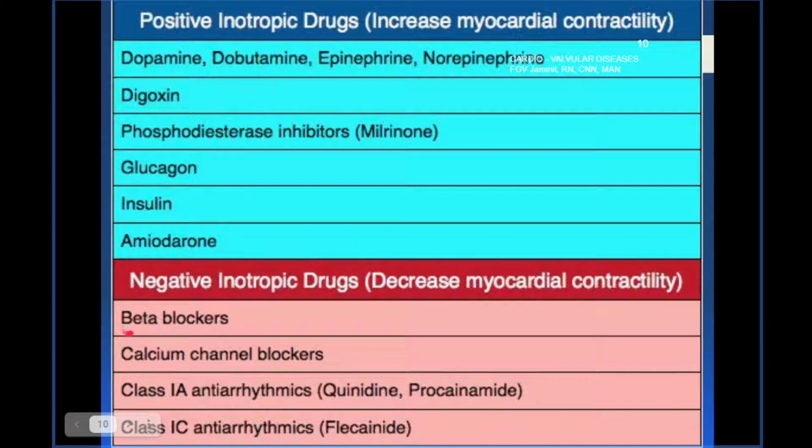The following drugs would be examples of your negative inotropic effect. Again, when we say negative inotropic, there could be a decrease in the myocardial contractility. Examples would be your beta blockers, such as your medications that end with lol, like metoprolol.